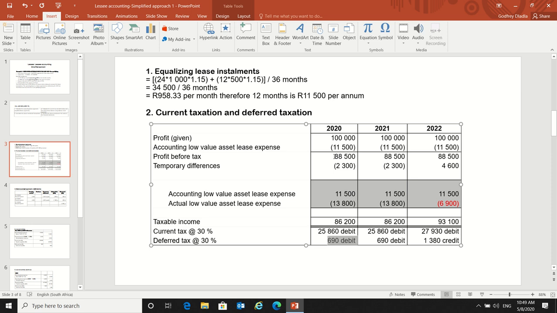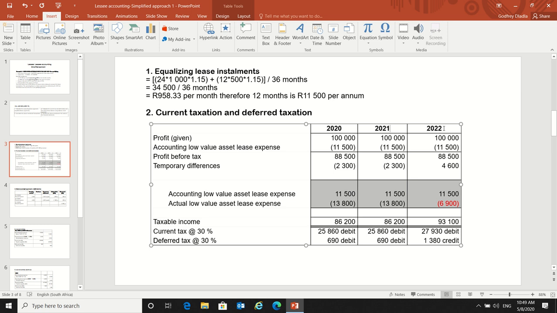Right, and then 88,500 minus 2,300, it will give us the 86,200 here. Right, 86,200 times 30%, that will give us 25,860. Okay, so 2020 is the same as 2021 in terms of this exercise.